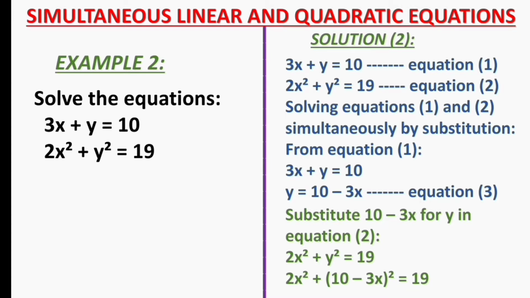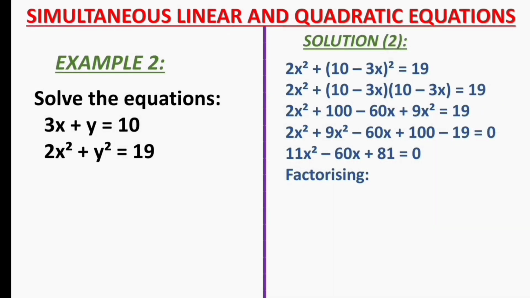Now, if you go ahead to solve this equation, what will be your value for x? Let's see if your answer is correct. Expanding the bracket for 10 minus 3x all squared and collecting your like terms, we're going to have the equation as 11x squared minus 60x plus 81 is equal to 0.